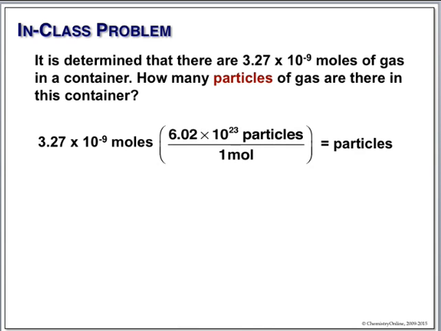Once again, the ratio is set up so that mole and mole cancel. We simply have to do our exponent, multiply those guys, and we're going to add the exponents, minus 9 and 23, and we get about 2 times 10 to the 15.